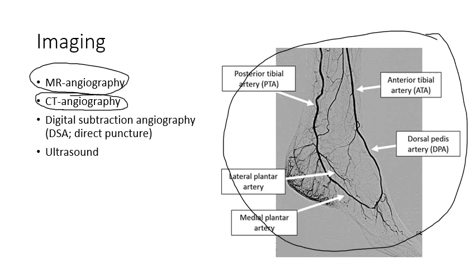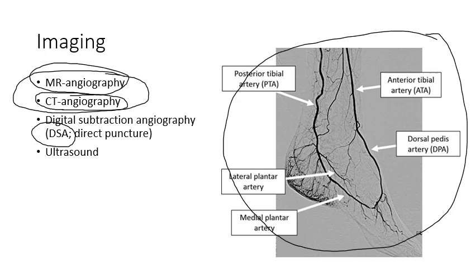This is a dynamic test as compared to MRI or MR and CT. Those give us images that are unchanged, and we can look at them afterwards. But with a DSA, we can do intervention right there on the spot, but it's an invasive test.